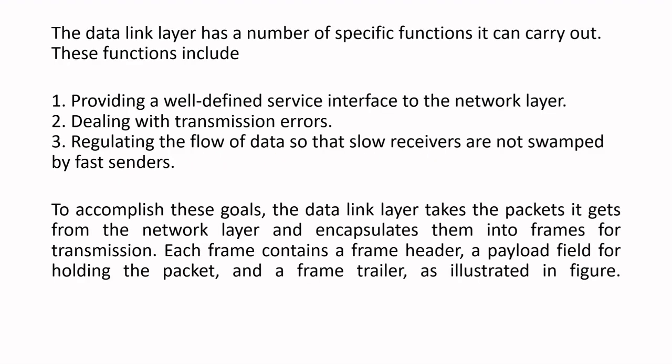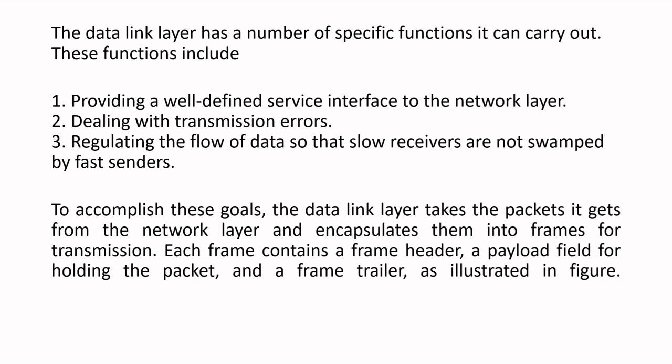So now, the data link layer has a number of specific functions it can carry out. And what are these functions? First is providing a well-defined service interface to the network layer. The data link layer provides a well-defined service interface to the network layer because all the layers are connected through interfaces in the OSI model.